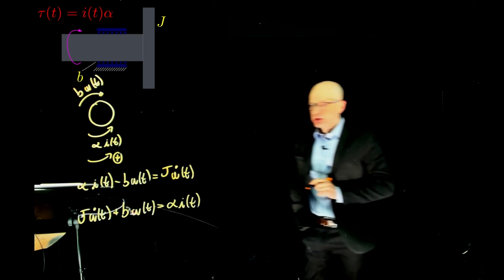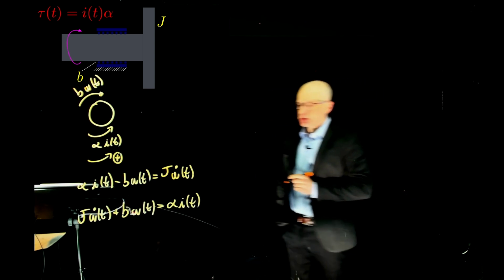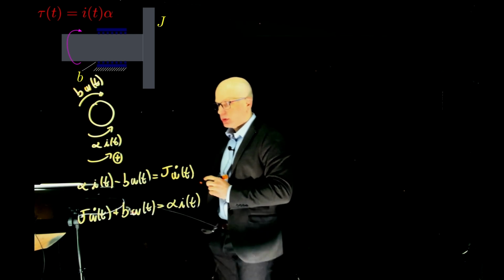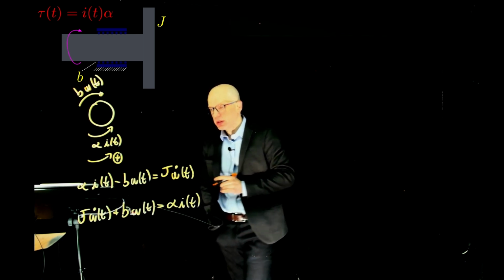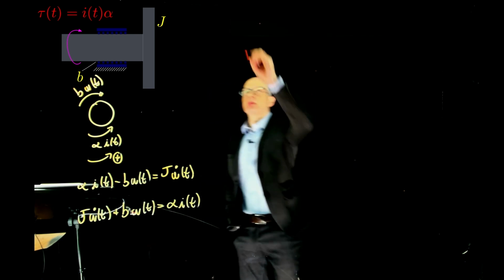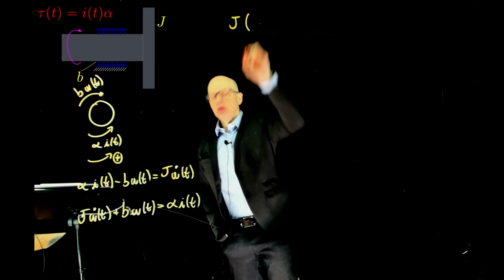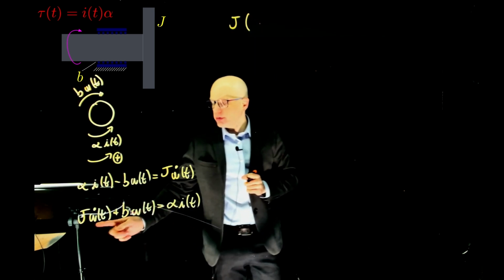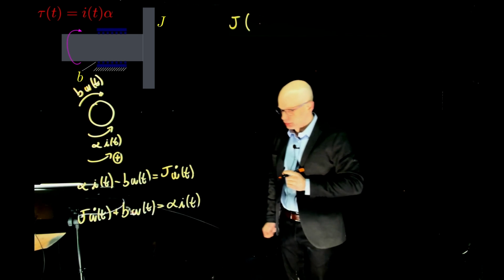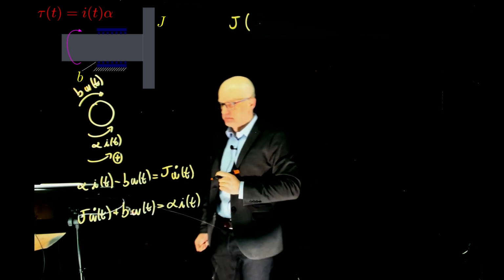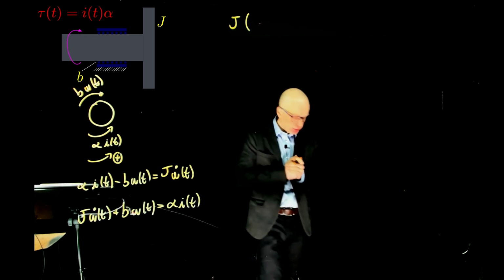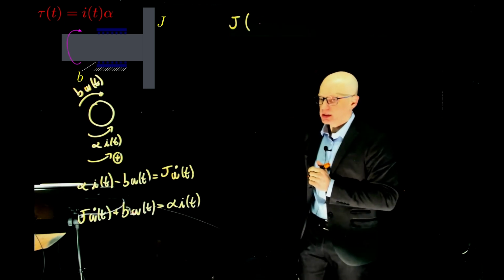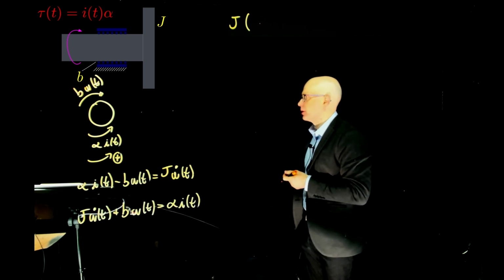We want to find the impulse response, so we can now take the Laplace transform of this. So let's do that. What is the Laplace transform of J? Laplace transform of J is J. What is the Laplace transform of omega dot, or the derivative of something?